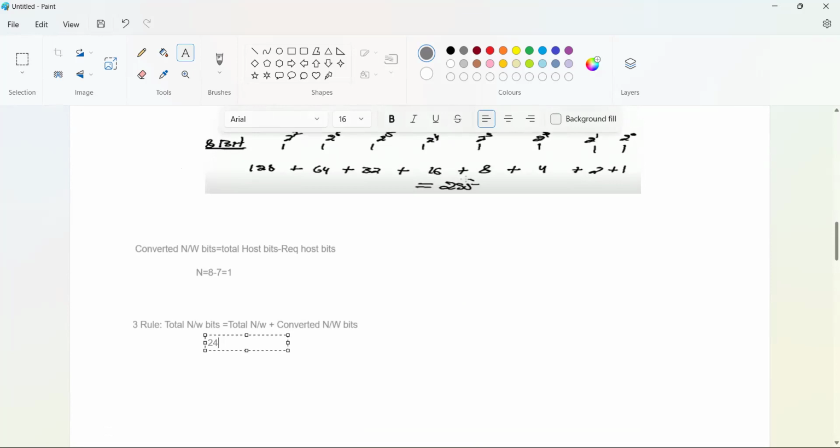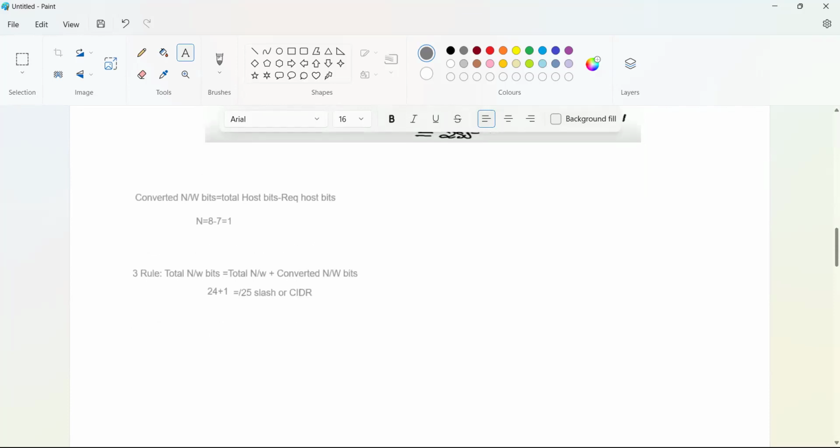This one is plus 1, equal to 25. This is my slash value, or CIDR value. I got my CIDR value in rule 3.